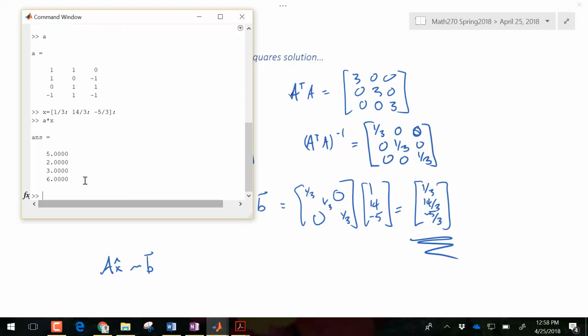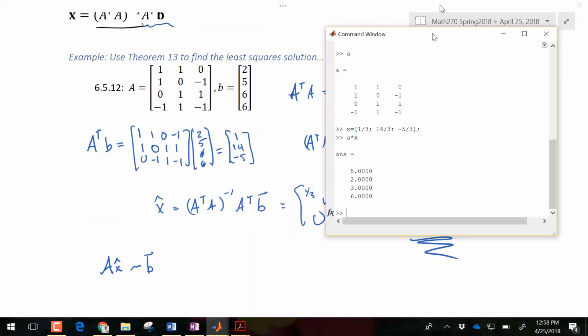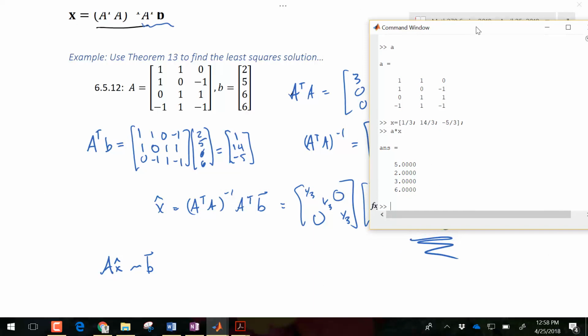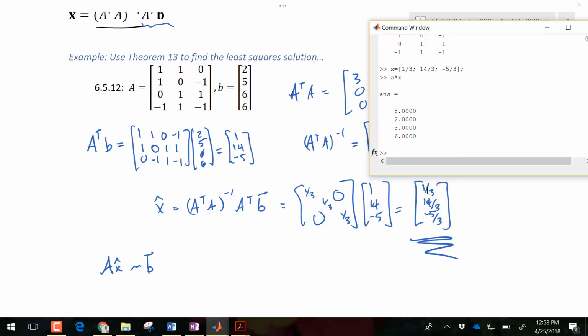So it's 5, 2, 3, 6, and b was originally 2, 5, 6, 6. And the other thing is that if we choose any other x vector, the distance is going to be larger. And that's what it means for it to be the smallest.